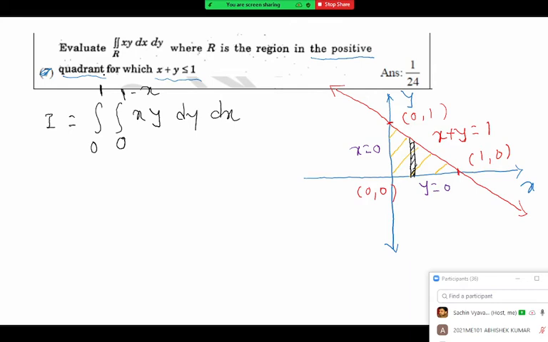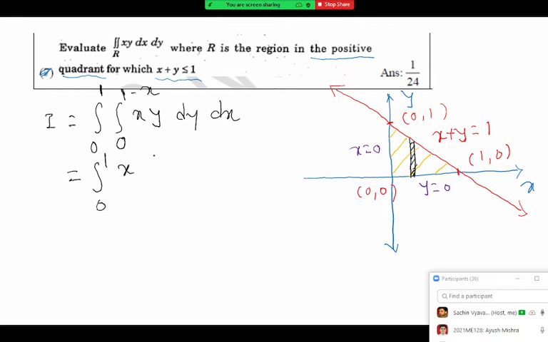Now do the integration one by one and we get the required answer. This question is just like a type 1 example. We have already seen in type 1 how to evaluate the double integral. When we integrate with respect to y, x is like a constant. So what is the integration here? Y square by 2.